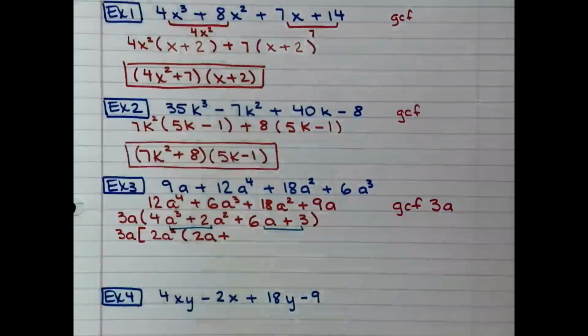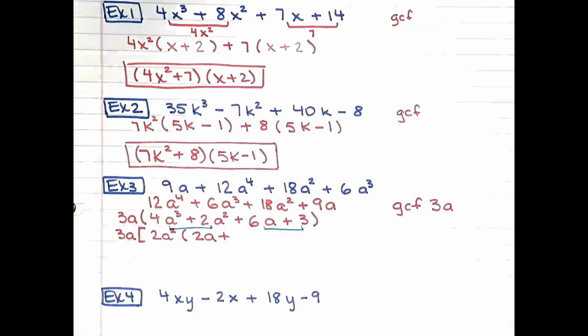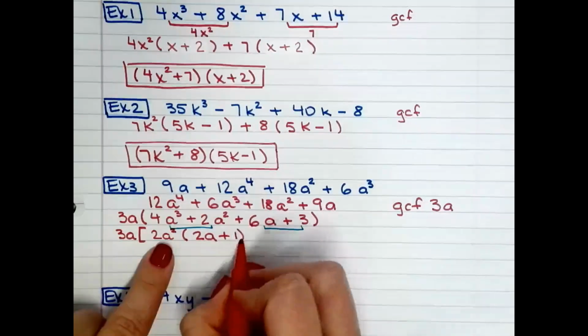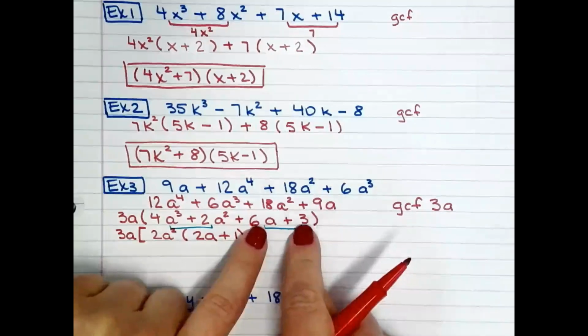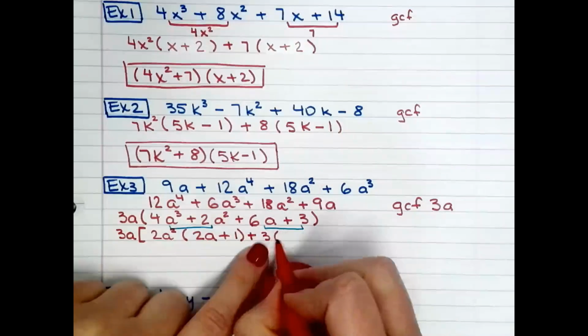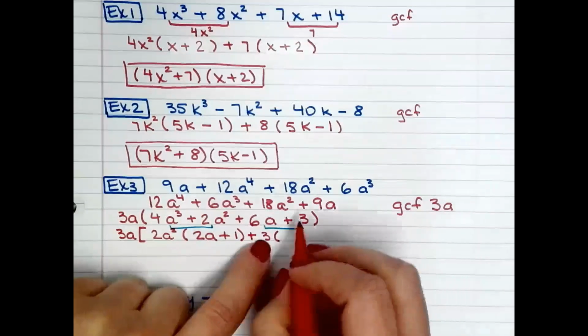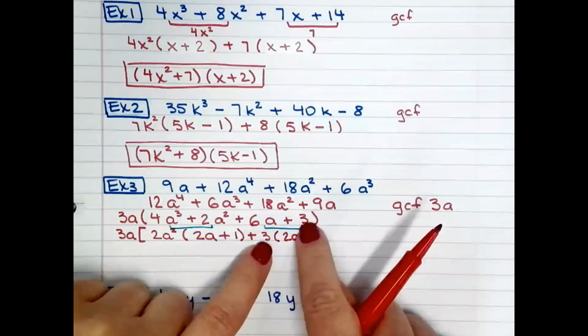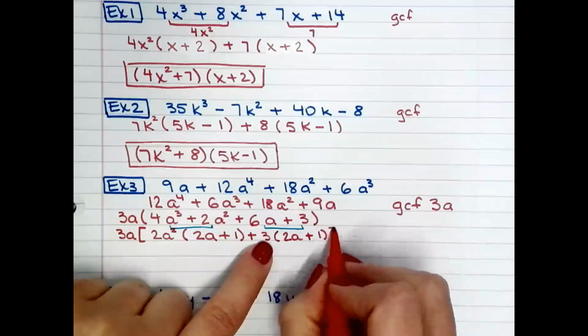Plus 2a squared divided by 2a squared, we get 1 right there. Plus the GCF between these two is 3. Divide. 6a divided by 3 is 2a. 3 divided by 3 is 1.